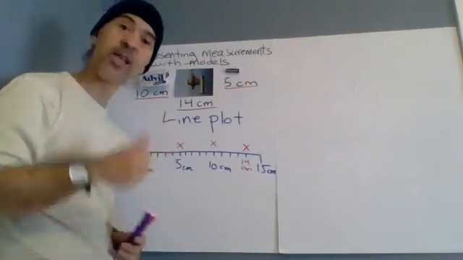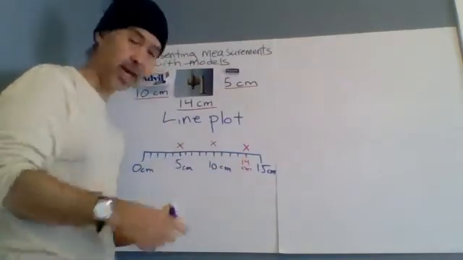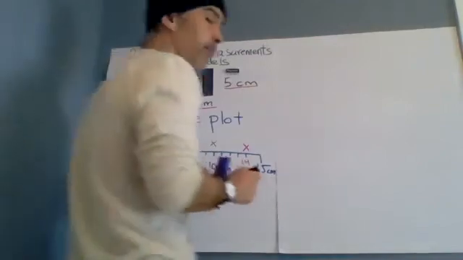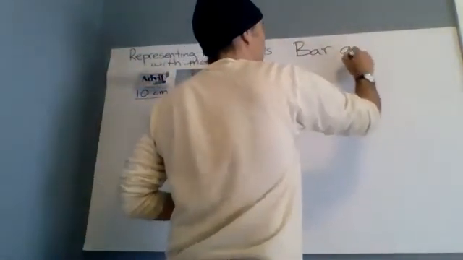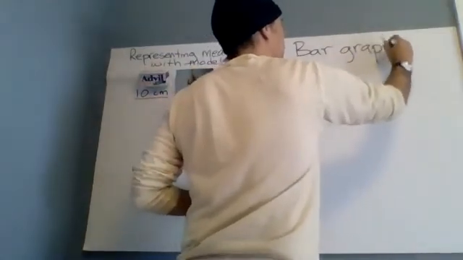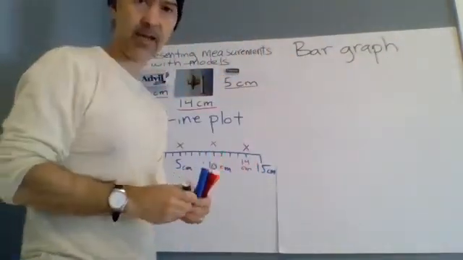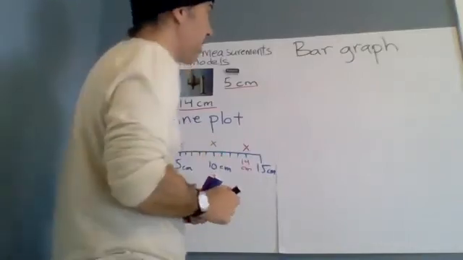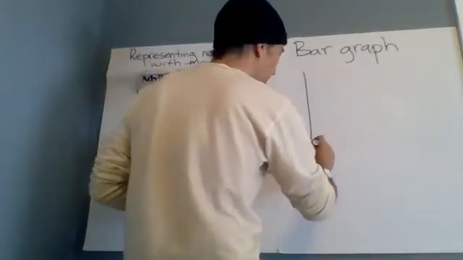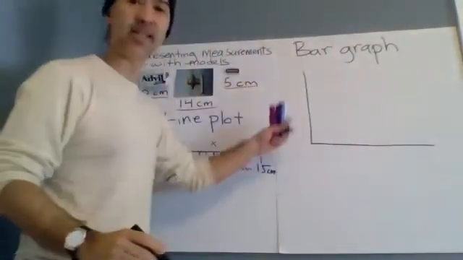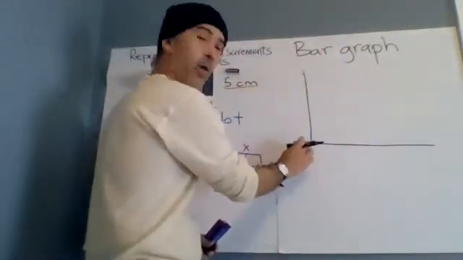Okay, there's another visual model we can use, and it's called a bar graph. Now, this is what a bar graph looks like. It has these two lines that join and make a corner.